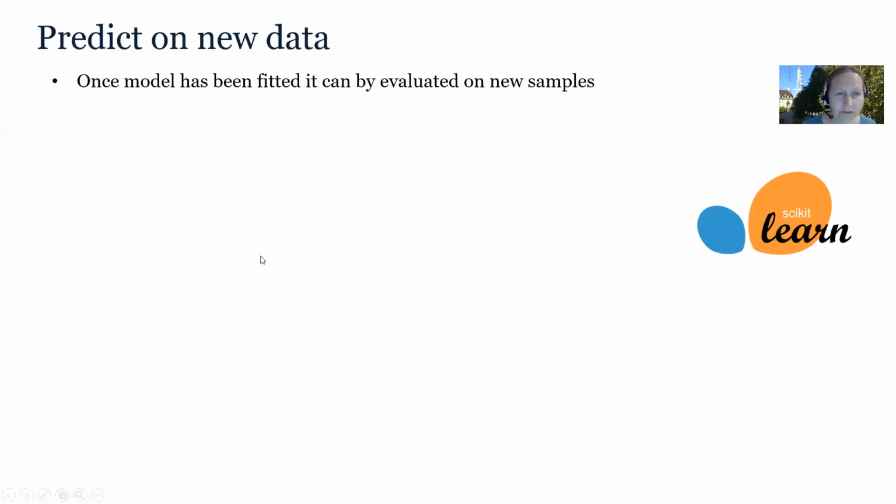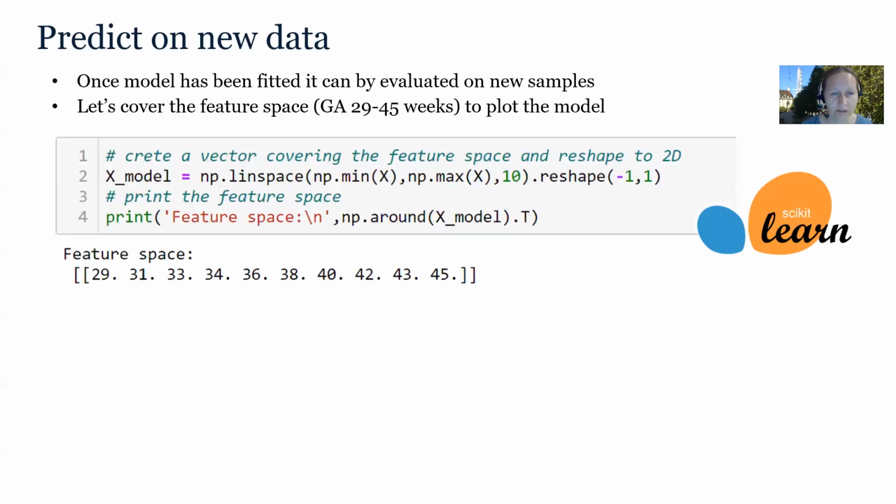Now that we fitted and evaluated the model, we are ready to predict on new data. But we don't have any new samples at the moment, so we're going to create some. Because we want to plot the model after this, we will just sample the whole feature space, which is 29 to 45 weeks of gestation, and we will take 10 samples in regular intervals between the minimum and maximum value of this feature space.